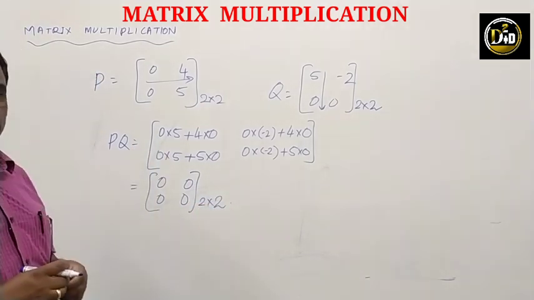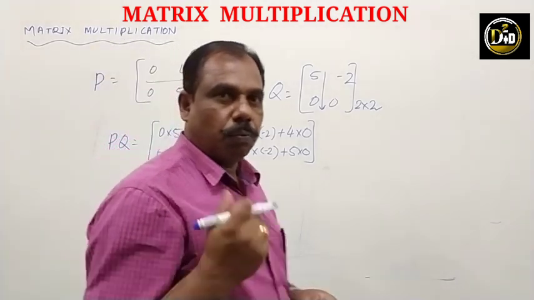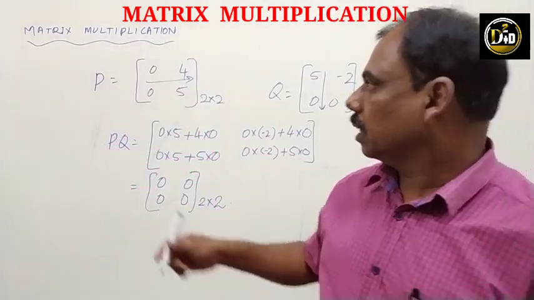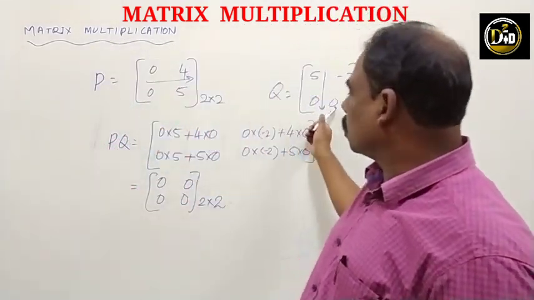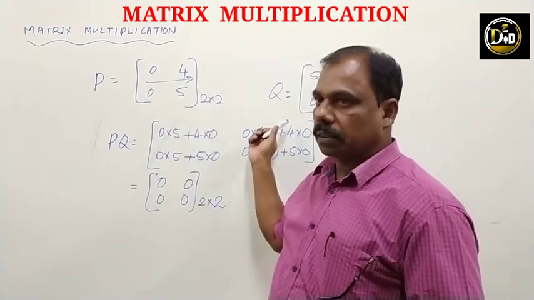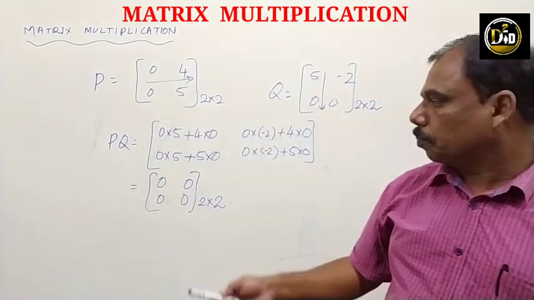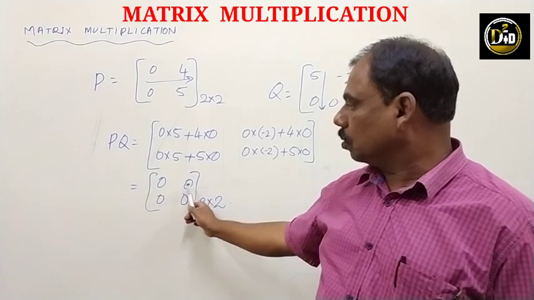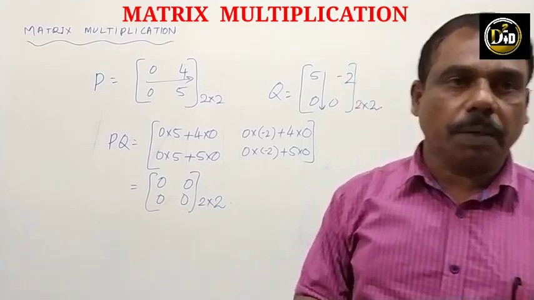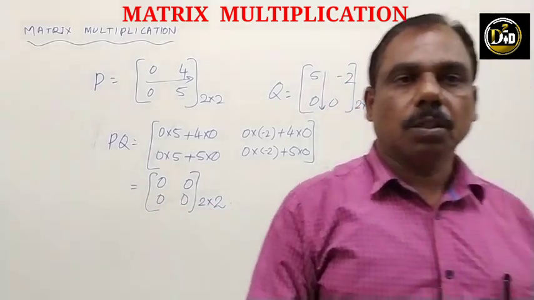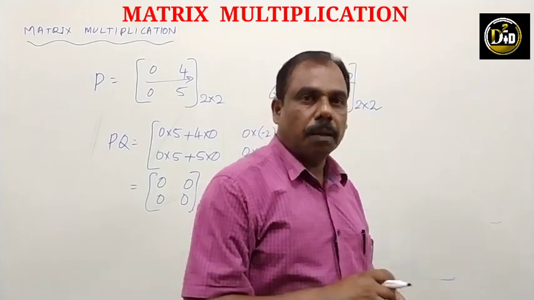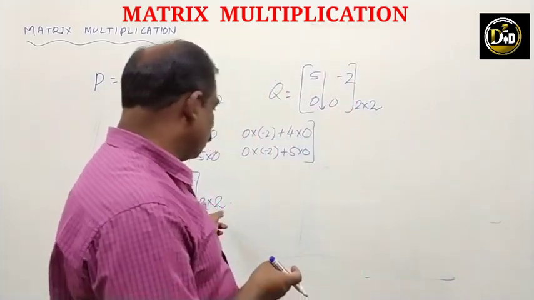Unlike the case of real numbers, we can find another property here. P and Q are two non-zero matrices, whereas its product P into Q is 0, 0, 0, 0, a zero matrix. That is, the product of two non-zero matrices may be a zero matrix.